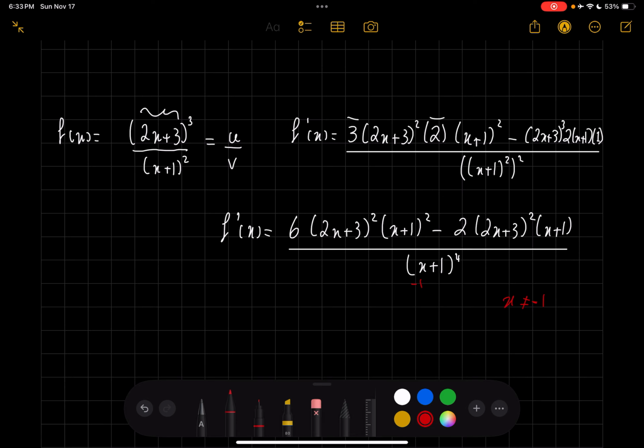So removing one copy of x plus 1 from the denominator, you're going to be left with the power of 3. Over here, removing one copy, you're going to be left with the power of 1. And over here, it gets removed entirely.